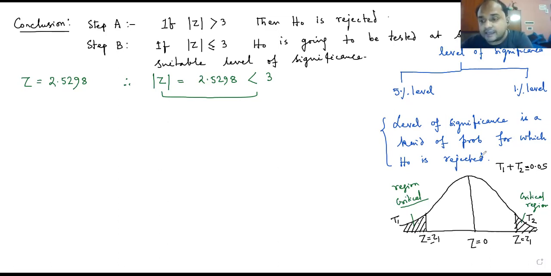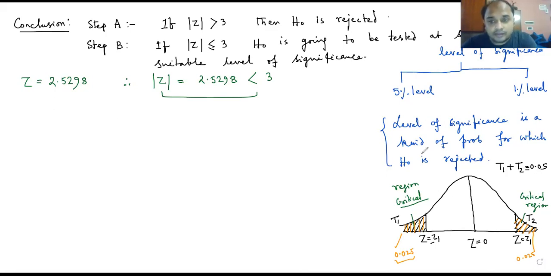Since the total is 0.05, this portion will contain 0.025 proportion of data, and this portion will contain 0.025 proportion of data, so that the total is 0.05. Okay.